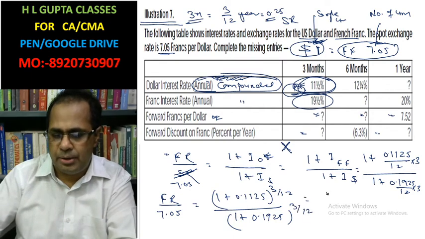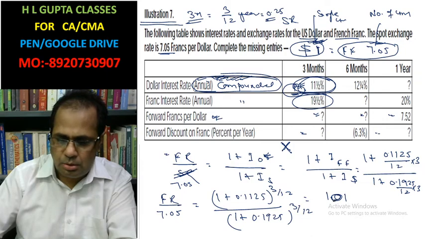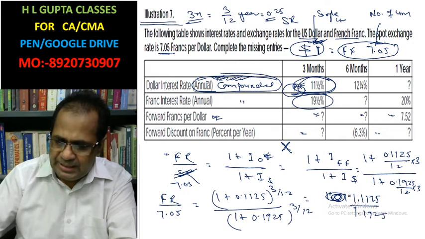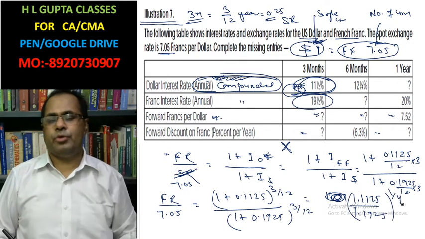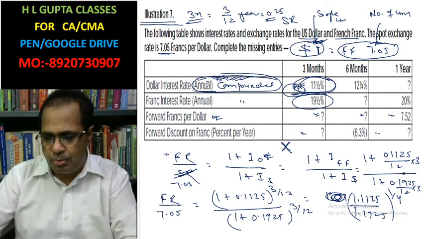Ultimately 1.1125 and 1.1925, to the power 1 by 4. 1 by 4 you have to do. How will you calculate this 1 by 4?